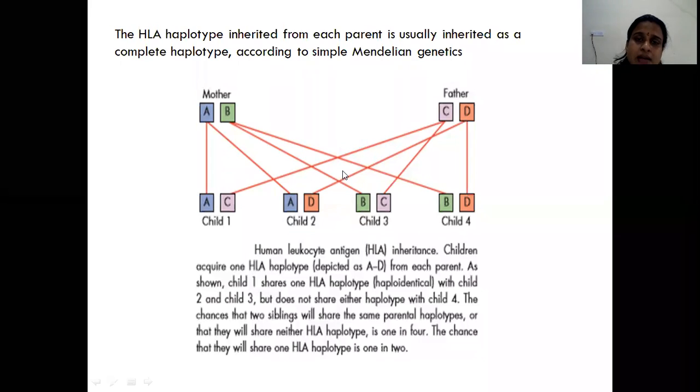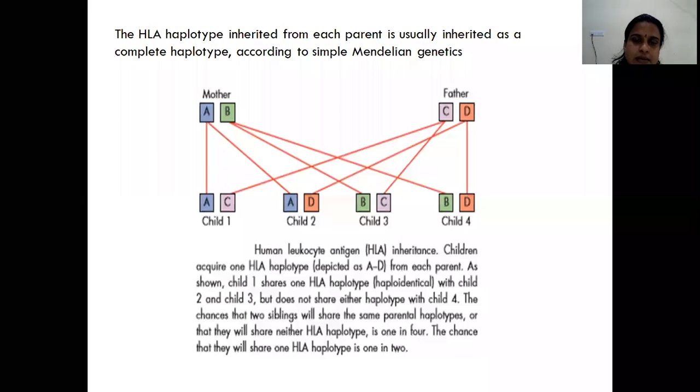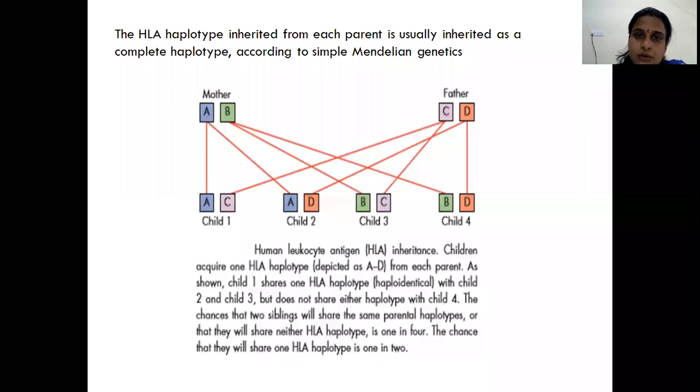Just remember that there is a huge pool of HLA antigens, just because the HLA antigens are codominantly inherited from the paternal and maternal haplotypes. So that is how we get a huge pool of HLA antigens. This is what I try to bring to your mind.